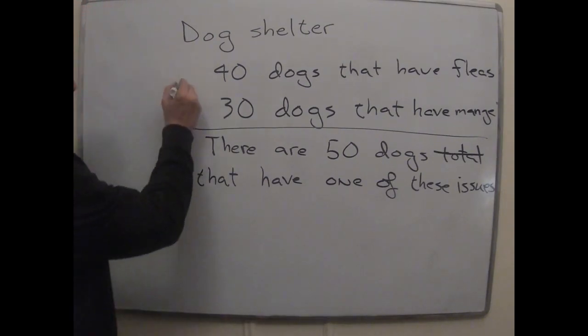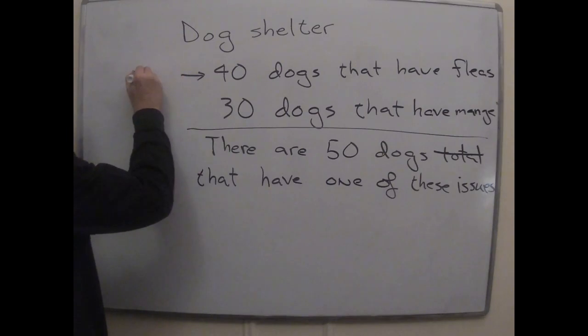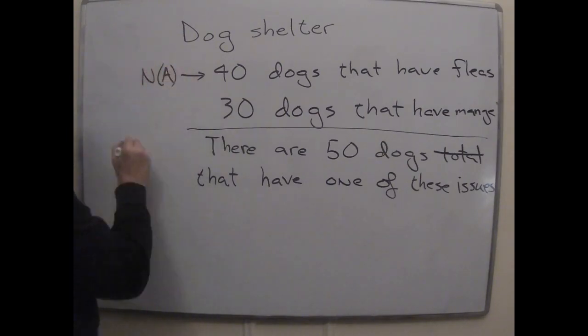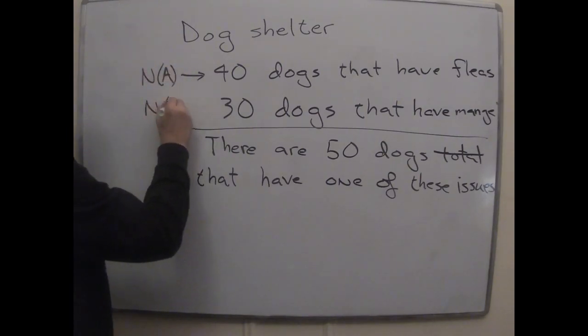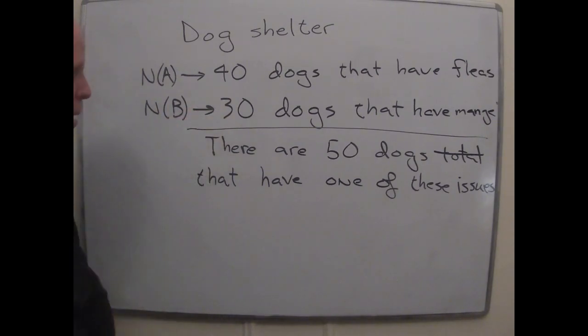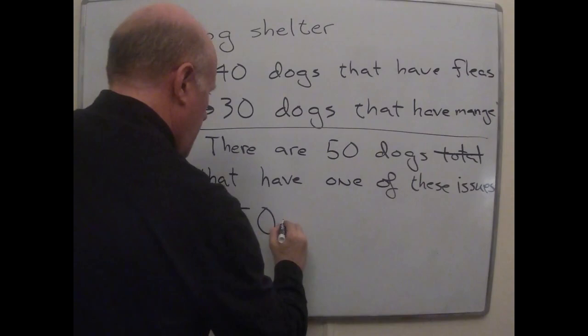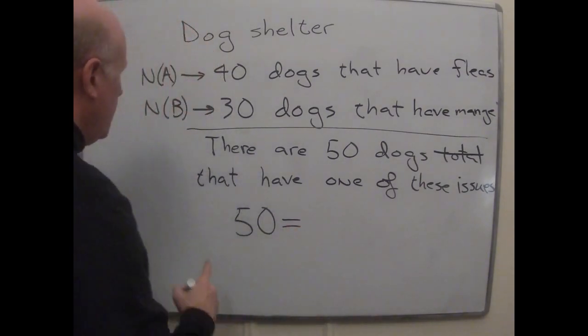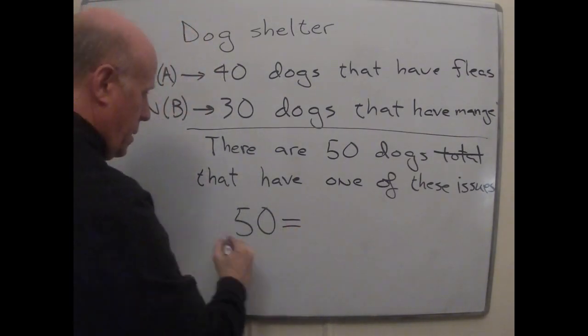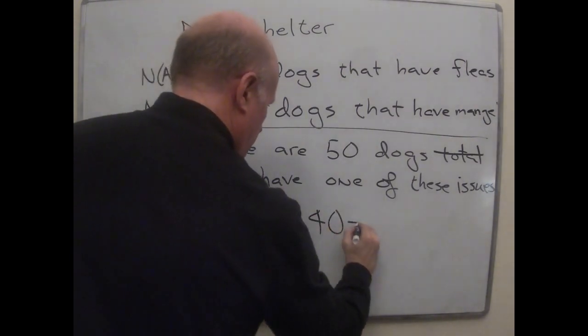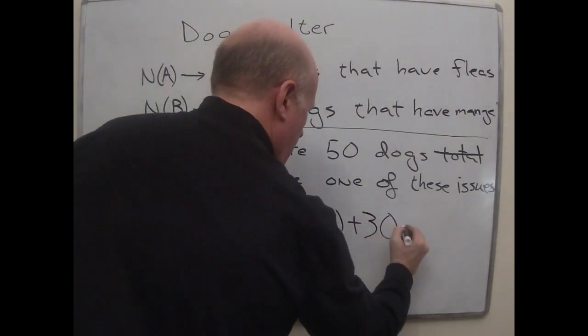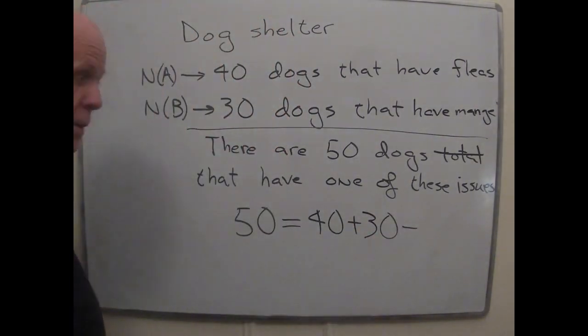Well, if you think about this, this is the set A, or really the number of the set A, and the next one is the set B. Then that 50 must be equal to the size of that one plus the size of that one, minus the size of the intersection.